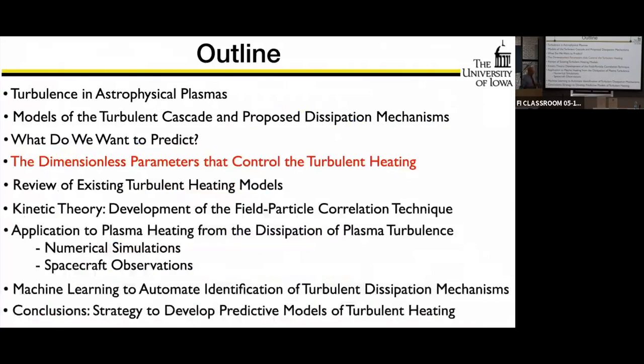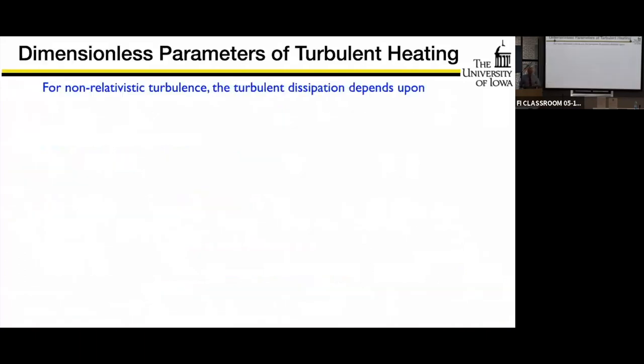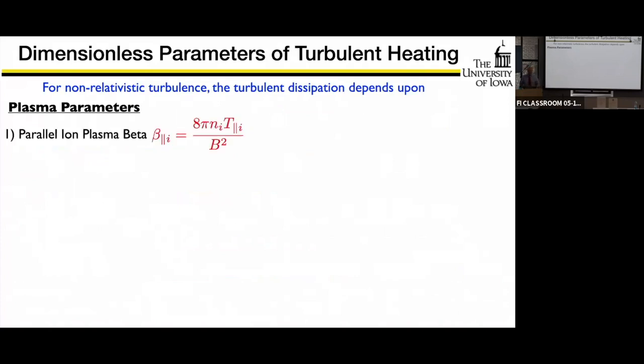So I want to turn a little bit to what the dimensionless parameters are that actually control turbulent heating. And there are a lot of them. Again, here I'm just going to focus on the case of non-relativistic turbulence. As I said, there are plasma parameters upon which these turbulent dissipation mechanisms will depend. The most important one by far is the plasma beta.